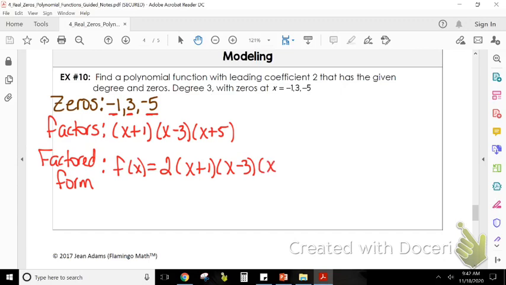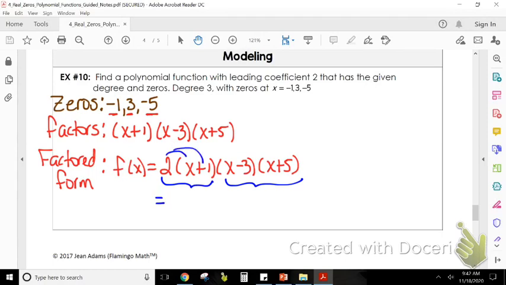Now, if the directions here had been to write this in factored form, we would be done. But it wasn't. It was to find the polynomial. So it wants it in polynomial form, which means we're going to multiply all of this on the right side of that equal sign. I know it seems like a lot, but we've got 4 things, so we can split it. Multiply the first 2, multiply the second 2, and then multiply their answers. So let's do that.